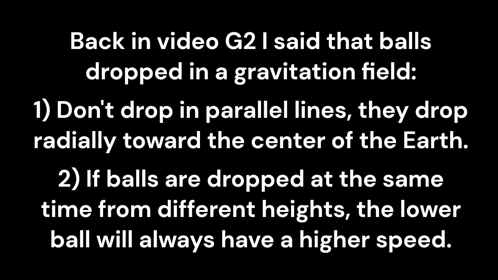And also, importantly, if balls are dropped at the same time from different heights, the lower ball will always have a higher speed than the upper ball, and the distance between them will increase, as you saw from our picture, the distances increase between the rings as you go down.